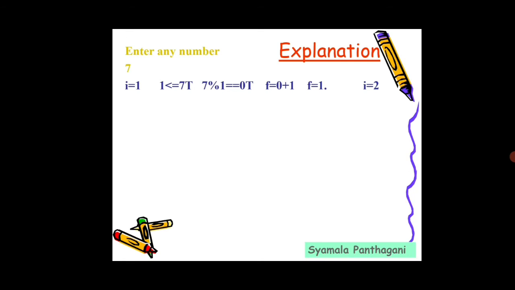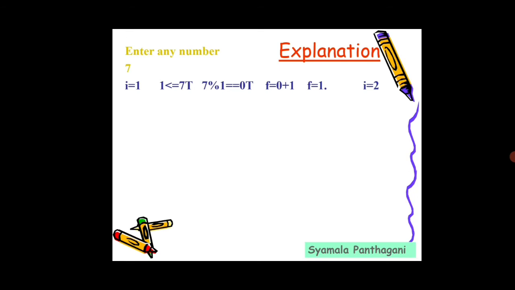That is true, means 1 divides the number 7. That's why that condition is true. That's why it increases the value of f. The initial value of f is 0 plus 1, that is equal to the final value of f is 1.